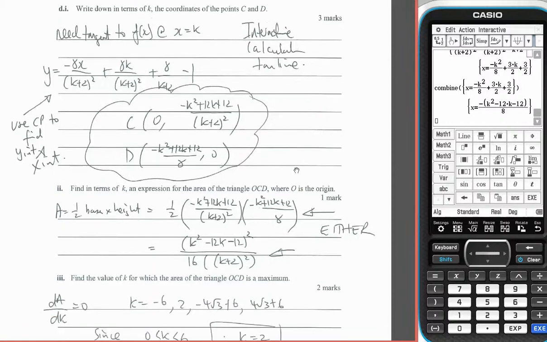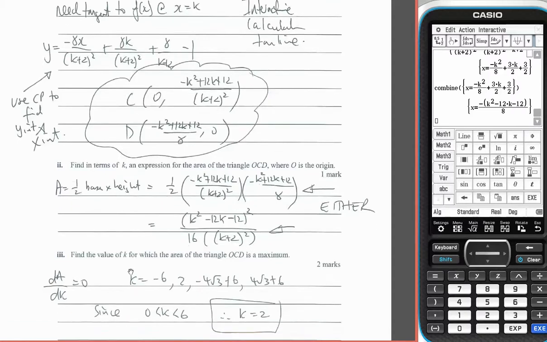Part 2, find in terms of k an expression for the area of the triangle. It's going to be a half times base times height. This one is the base, and that's the height. Find the value of k when the area of the triangle is maximum.